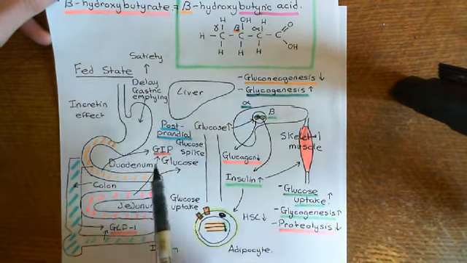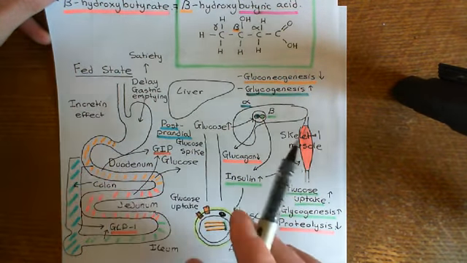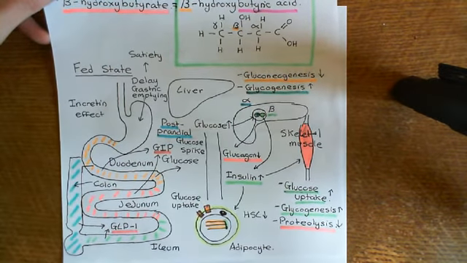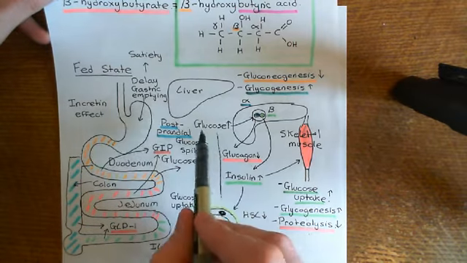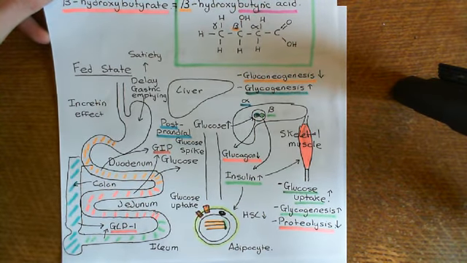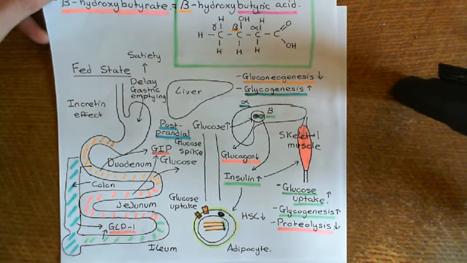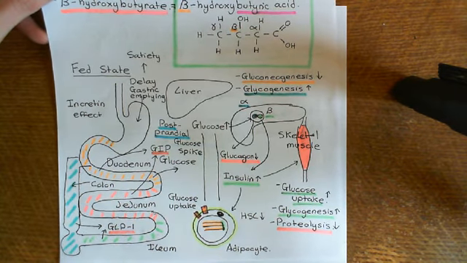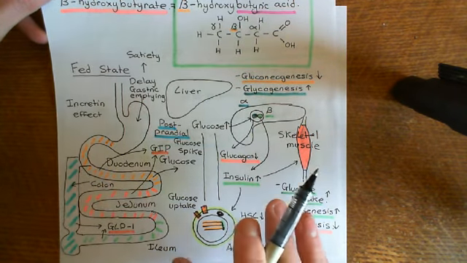Okay, so GIP and GLP-1 do not cause insulin release on their own. If you just put these without the glucose, that will not cause insulin release, but they can potentiate the amount of insulin that is released in response to glucose, so that you will release more insulin in response to the same rise in glucose.